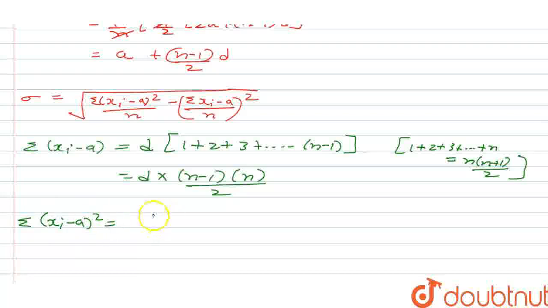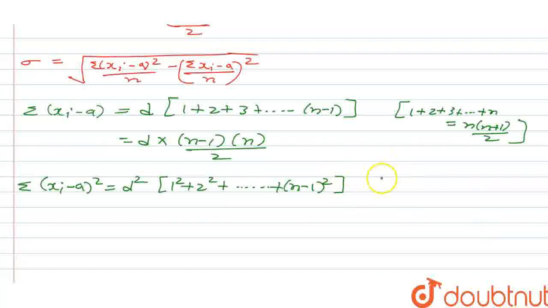So that is going to give us, let's take out d square common here. So that will be 1 square plus 2 square plus 3 square dot dot dot till n minus 1 whole square. Similarly, as we know the series, addition of 1 square, 2 square till n square, it is actually given by n into n plus 1 into 2n plus 1 by 6.